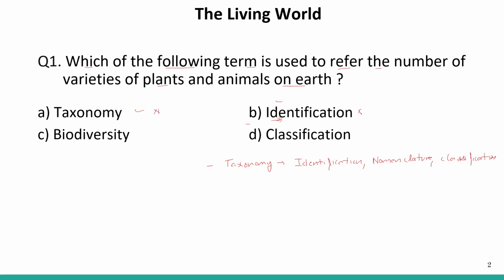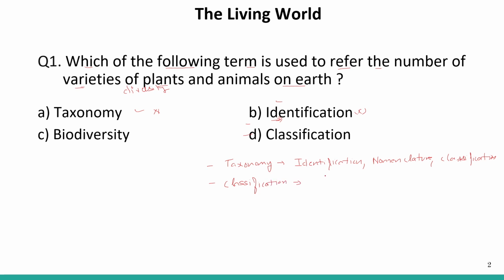Option B, again not correct, because they are asking what? They are asking about the number of varieties. Okay, or they are asking about the diverse form of living organisms, diversity. Alright, let's talk about classification. What is classification? How can classification be defined?